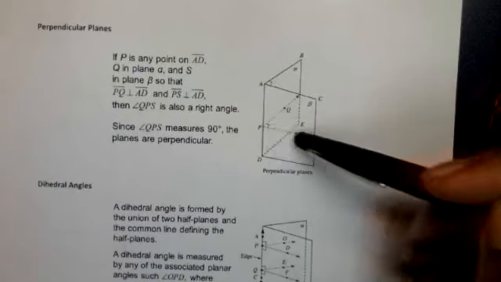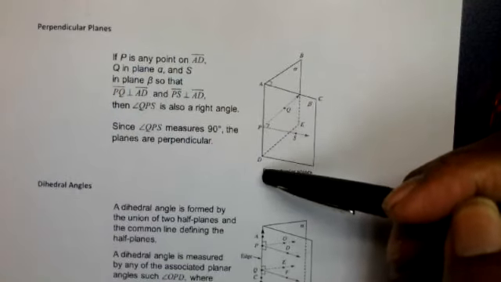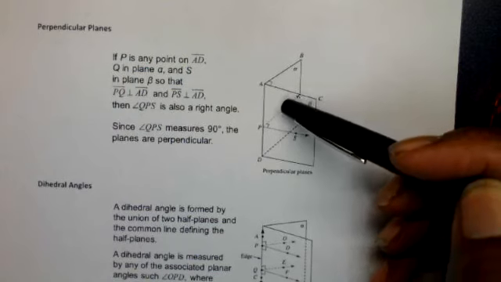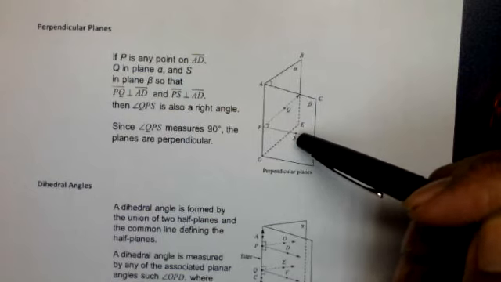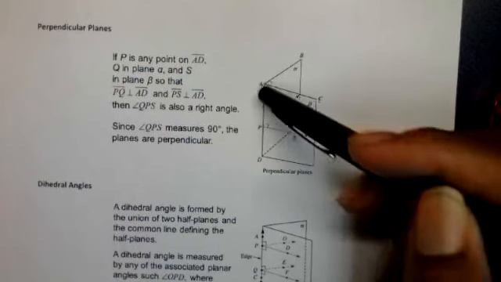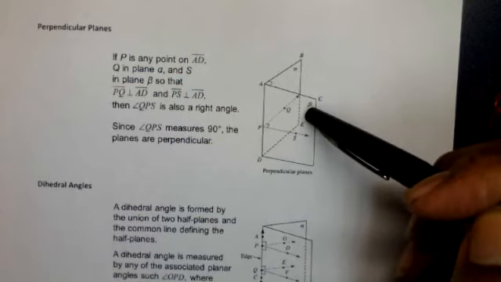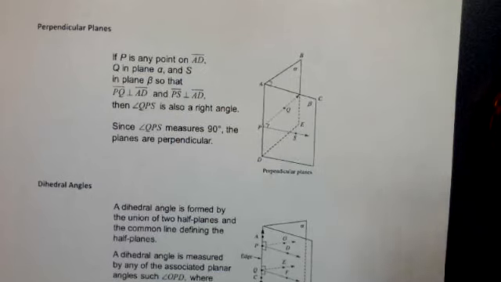And also PS is going to be perpendicular to AD. Then that means that angle QPS will be a right angle. And since angle QPS measures 90, that means that these two planes, alpha and beta, will be perpendicular. Okay, so here you have two perpendicular planes here.